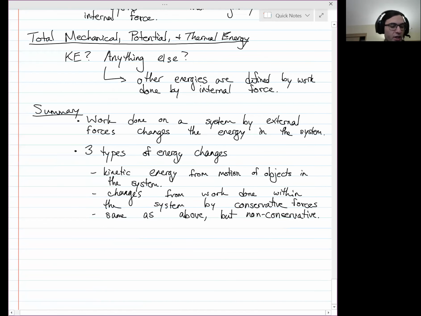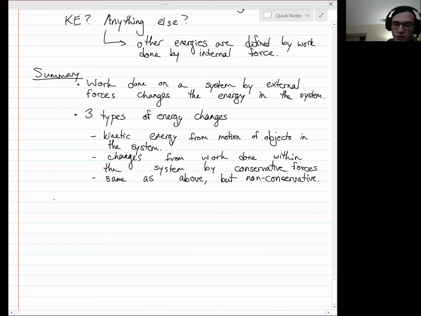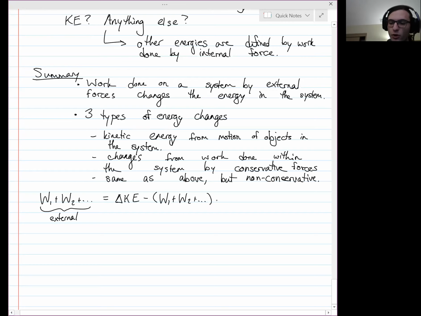And so let's rewrite our formula. We have W1 plus W2 plus ... These are all external, equals the change in kinetic energy of components of our system, so that'd be delta KE1 plus delta KE2 for different objects in our system, minus W1 plus W2 plus ... And these are for conservative forces.